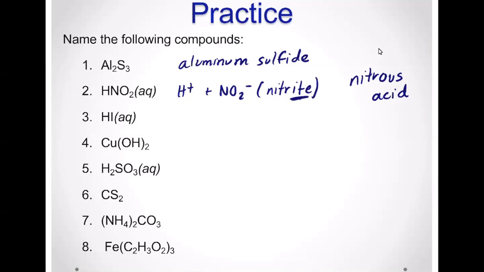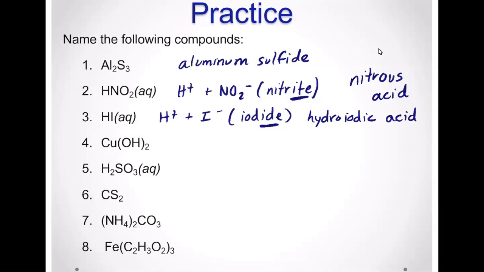Here's another acid, that's H plus and iodide. Iodide ends in "ide," so this one would be hydroiodic acid.